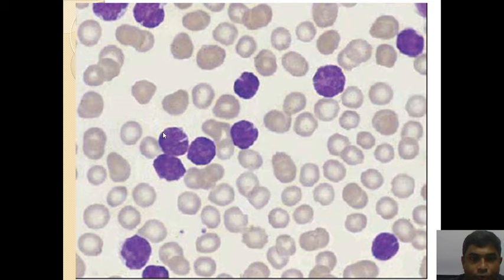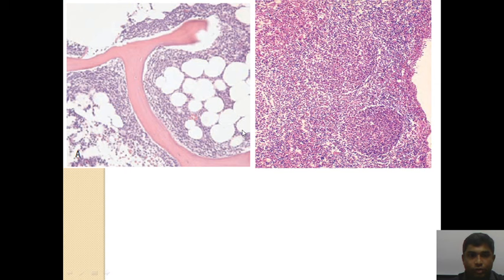If you see the nuclear margins, you can see a groove or a cleave running through the nucleus. So this cleaved nucleus is a characteristic feature of follicular lymphoma.